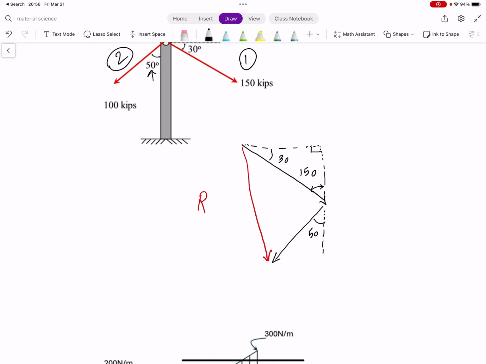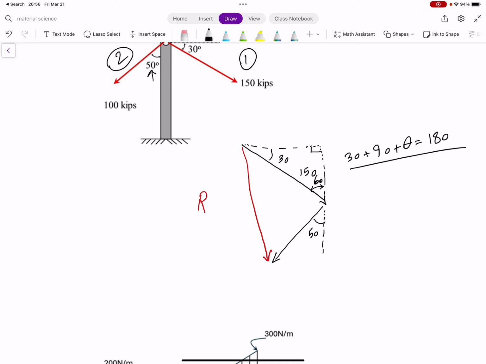This is a right triangle, correct? So 30 plus 90 degrees plus what angle? It's going to be 180, since the interior of the triangle has to be 180. Theta should be 60 degrees, right? So we have that one.